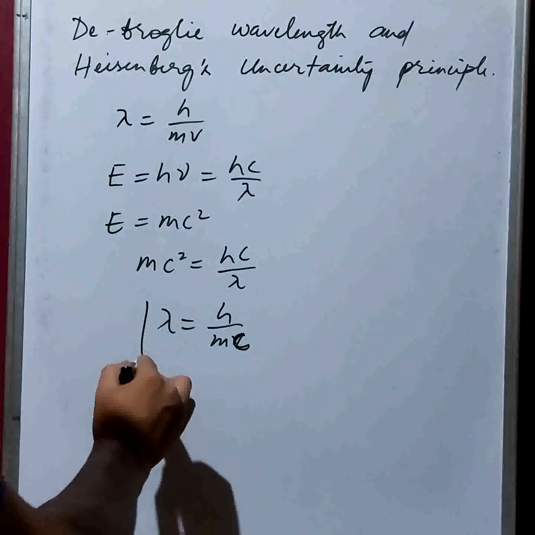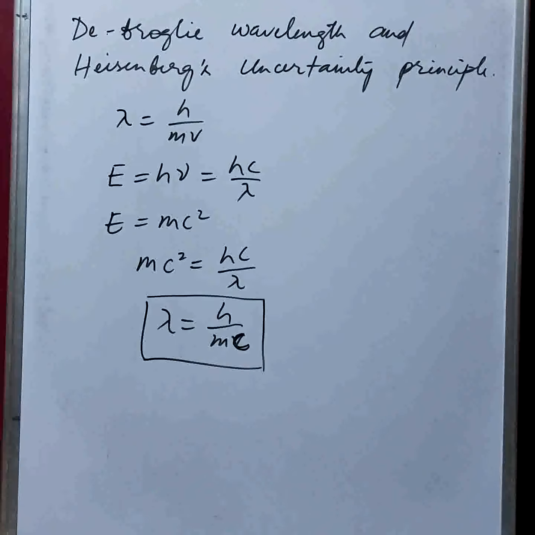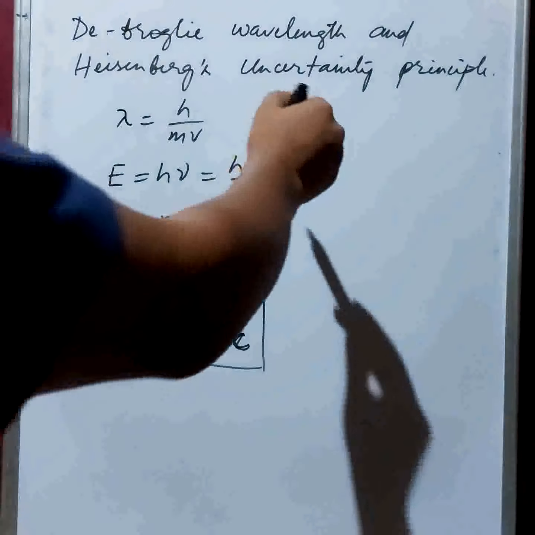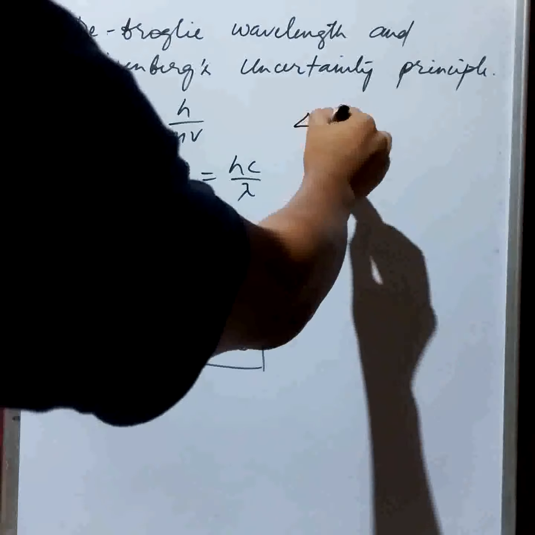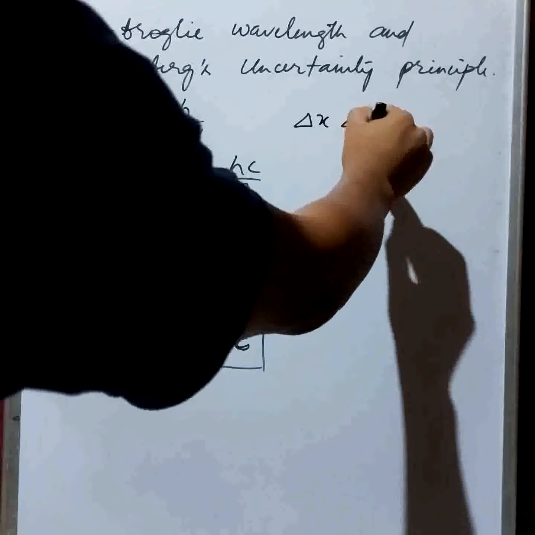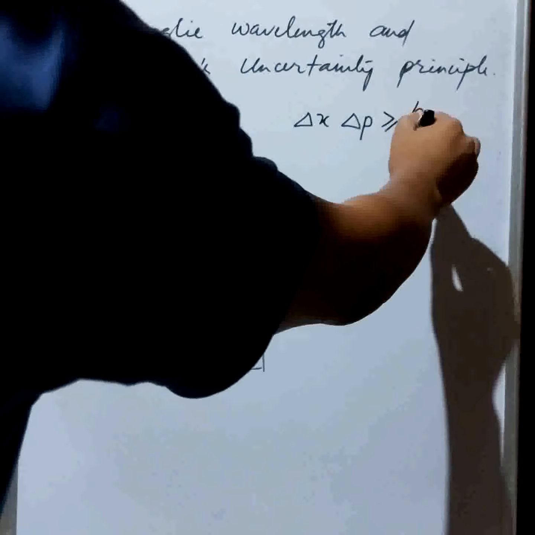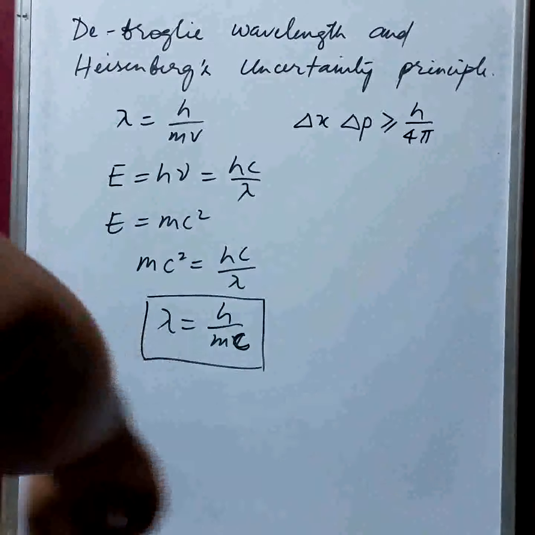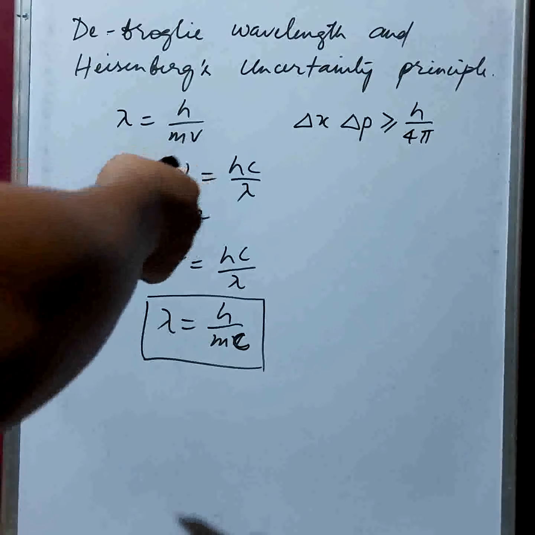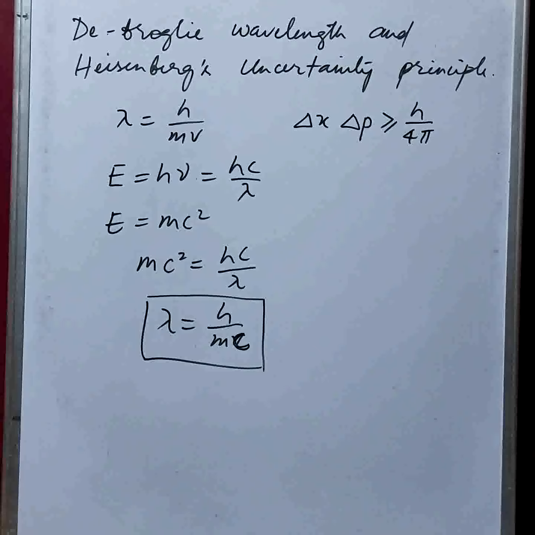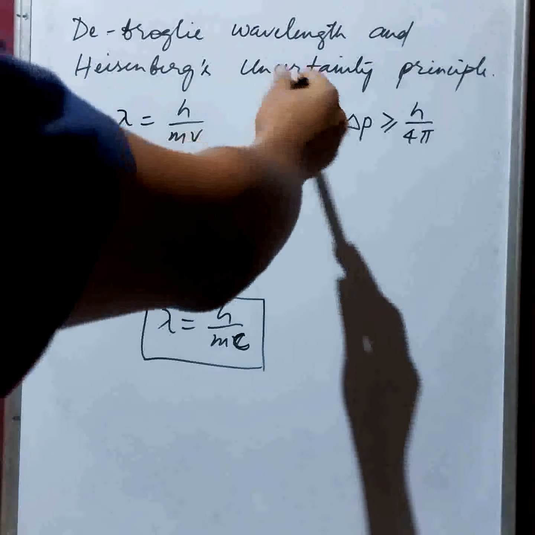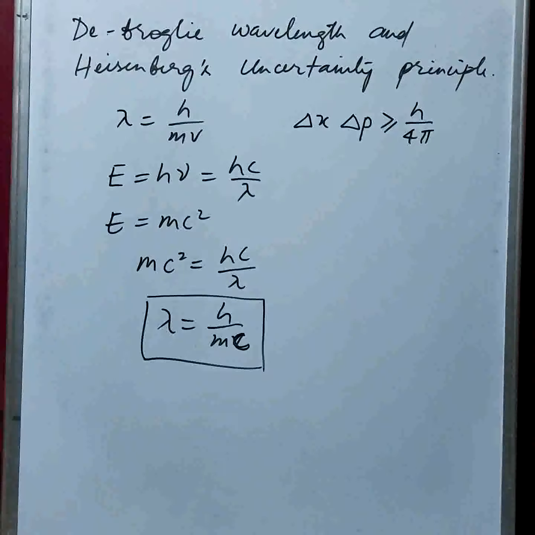So this is also another important relation. And Heisenberg suggested that the product of the change in position and change in momentum of a microscopic particle is always greater than or equal to h over 4 pi, which simply suggests that we cannot simultaneously measure the position and the momentum of a microscopic particle.